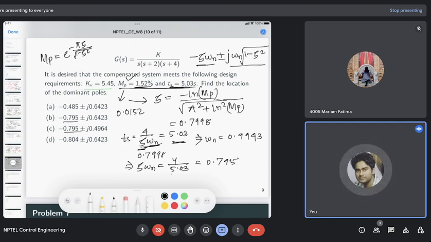The imaginary part will be what? Omega n into square root of 1 minus zeta square. So omega n we have computed 0.9943 into square root of 1 minus 0.7998 square. So this is this damping factor. So this term is 0.59.